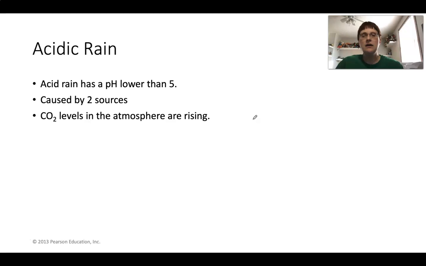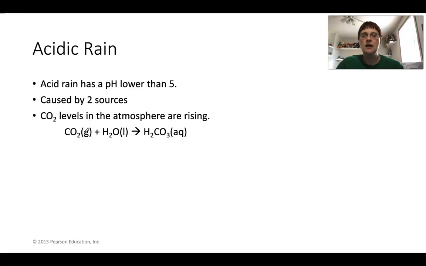One, carbon dioxide levels in the atmosphere are rising. I am guessing you've heard about this. This is coming from things like us burning fossil fuels and deforestation and so forth. And so what's going on is it's the creation of an acid from that carbon dioxide in the atmosphere.